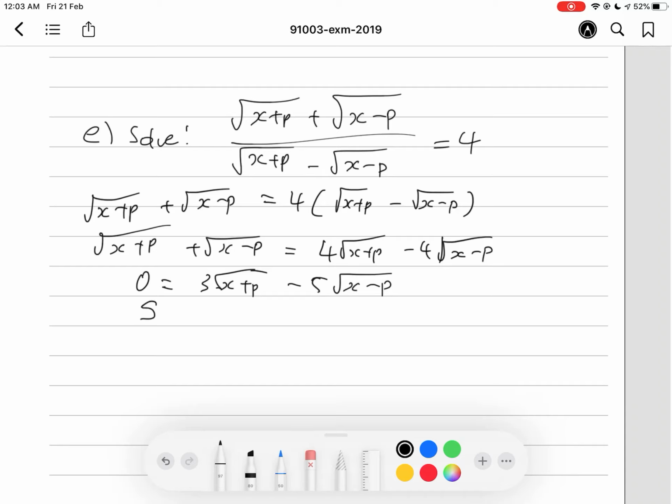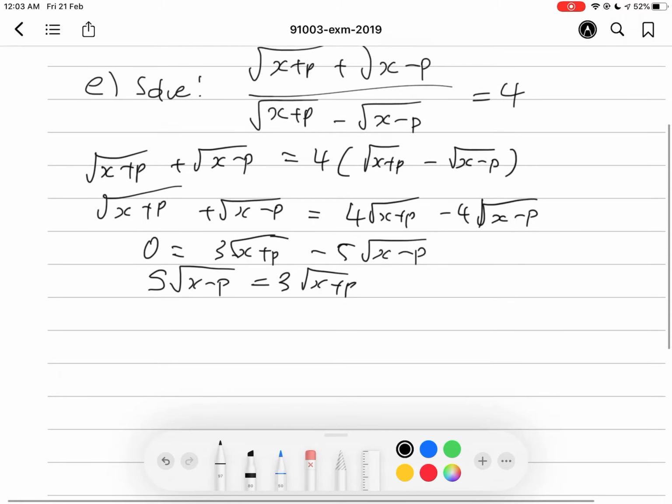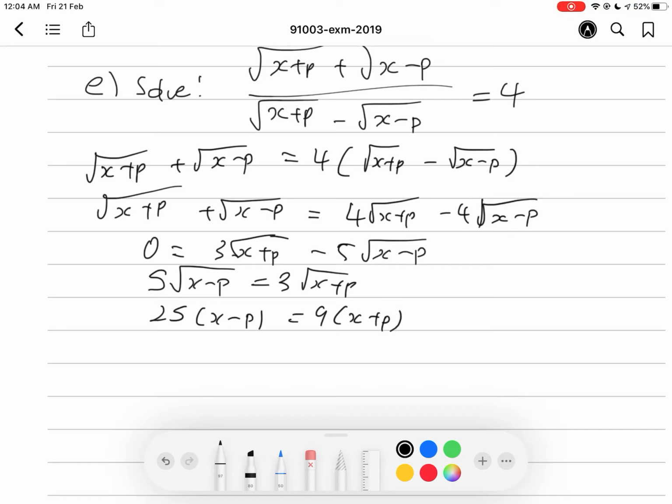So 5 square root of x minus p equals 3 square root of x plus p. Now we just need to square both sides, so 25 times x minus p equals 9 times x plus p. 25x minus 25p is equal to 9x plus 9p.